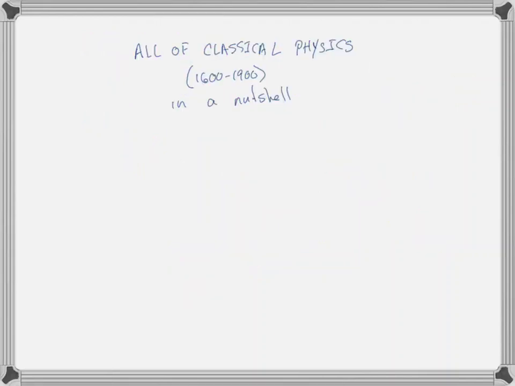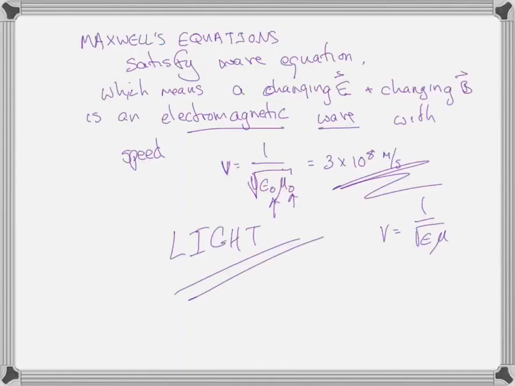So that was all of classical physics in a nutshell. I mean, we did it in a day or two, reminding ourselves of all of classical physics. And like I said, Einstein comes along and turns classical physics on its head. And so then the question is why? What's wrong? Well, let me just give you a hint as to what's wrong. What's wrong is that the speed of light doesn't appear to be dependent on frame of reference.